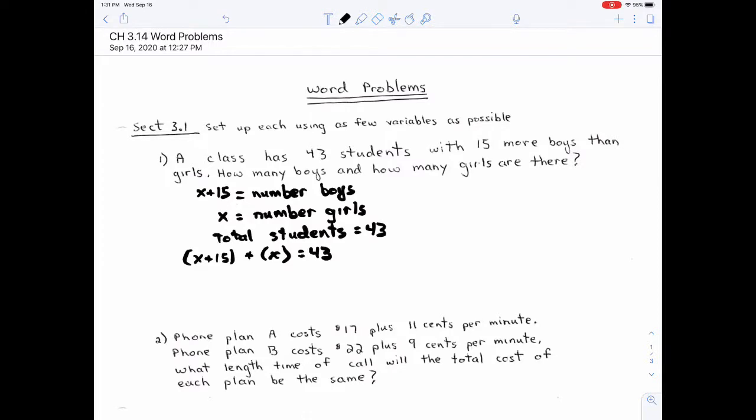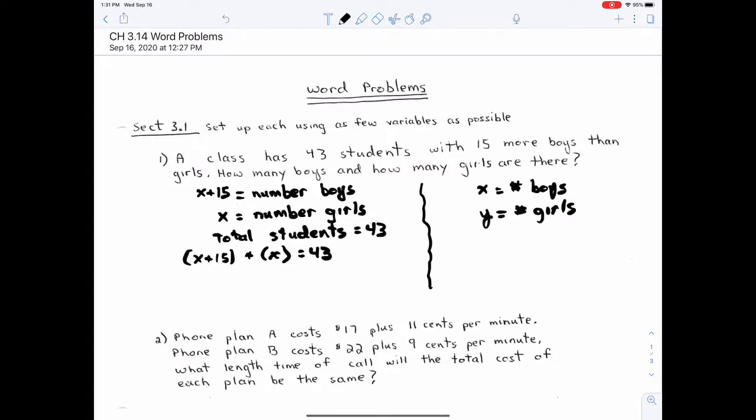Now for this one, I'm not going to keep doing this because it would double the length of everything we're doing. I'm going to show you what ALEKS is going to do. You don't need to write this. I just want to show you. They're going to say, in shorthand, number of boys, number of girls. They're going to call this x and this y.